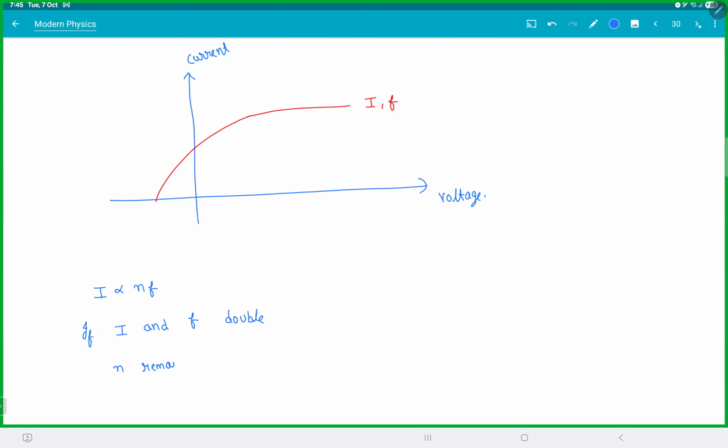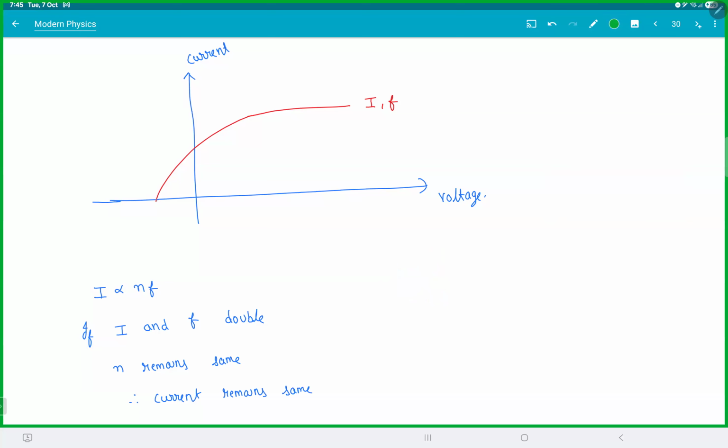Therefore, current remains same. And this is a mistake. So in NCERT, what they did, smartly, they gave a case for I and F, they gave a case for 2I and F. So they made sure to keep F same. This gave an illusion, if you increase intensity, current will increase. I hope you're getting it. Because if F is same, then I is proportional to N, right? But what if you start messing up with the frequency? Current remains same.